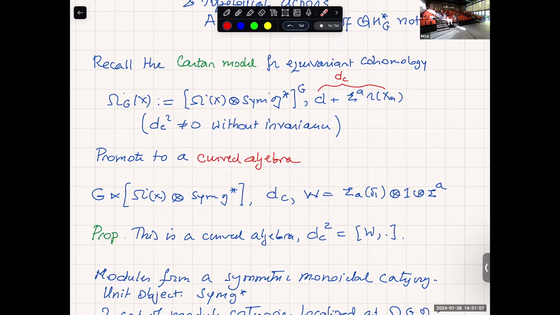And I remember when I was a grad student, I was wondering, can we fix that? Someone said, you don't have to take invariants. Funny. And actually, yes, but what you get is a curved algebra. So write the same thing, if you like. I put differential forms to have something there, the same differential, but add a superpotential, which is purely quadratic.